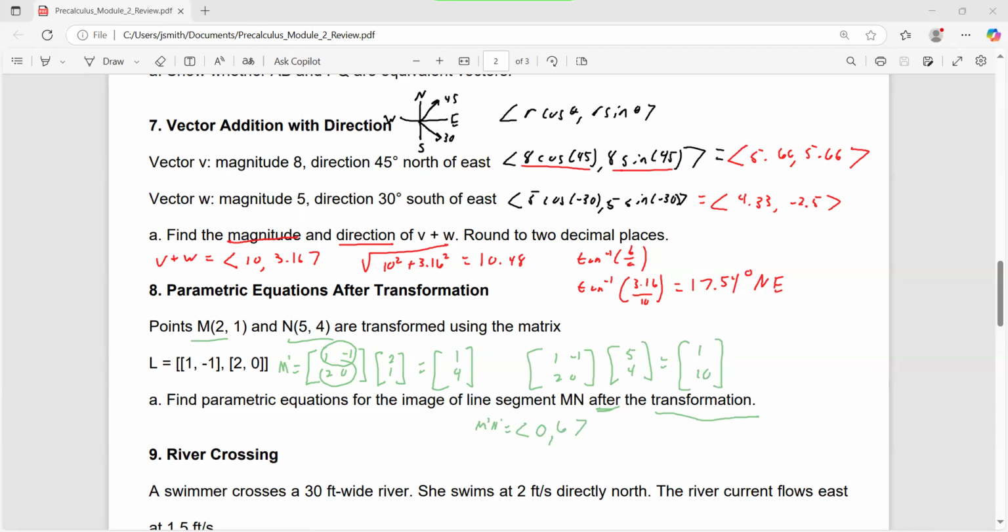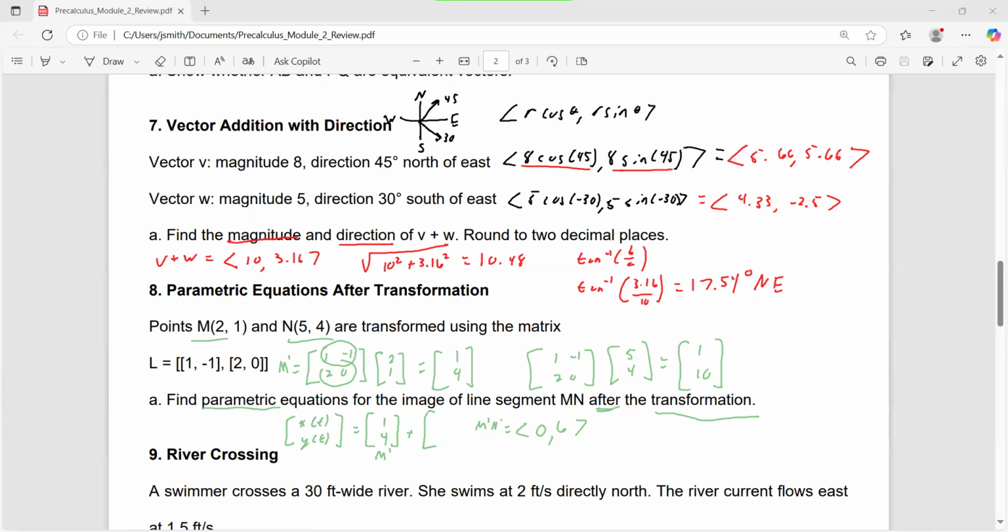Now, once you have this, it wants it in parametric equation form. So remember, that was x of t, y of t equals the first point. So the first point here would actually be the new M. So in this case, that's 1, 4, plus the vector you just got.